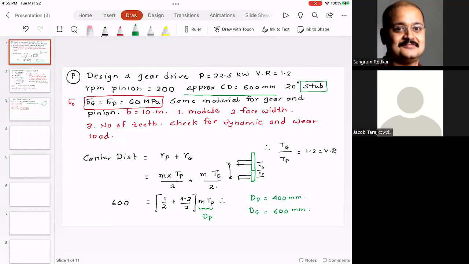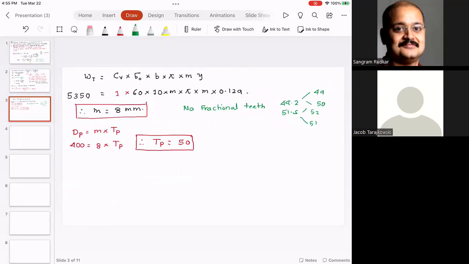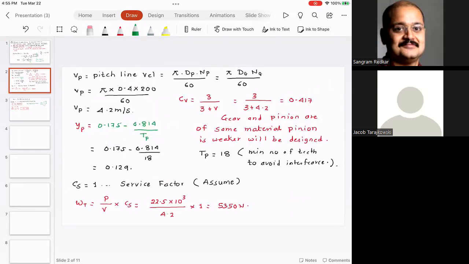I just had a quick question. Didn't you assume that the pinion teeth were 18 earlier? Did I assume? When you're solving in slide 2? Oh, yeah, you're right. So basically, these are the minimum number of teeth.